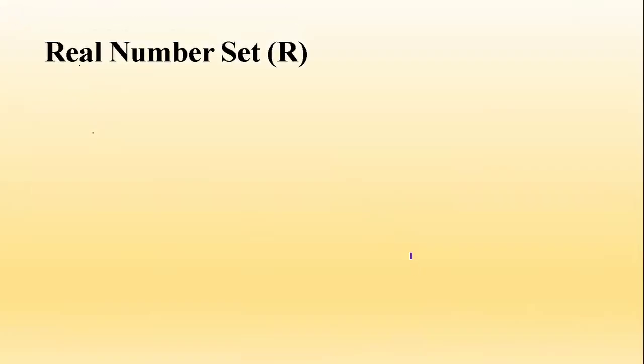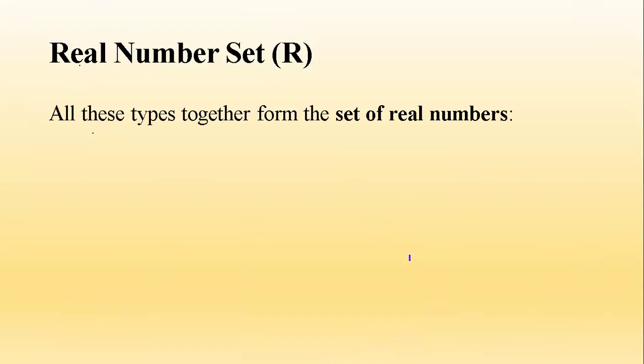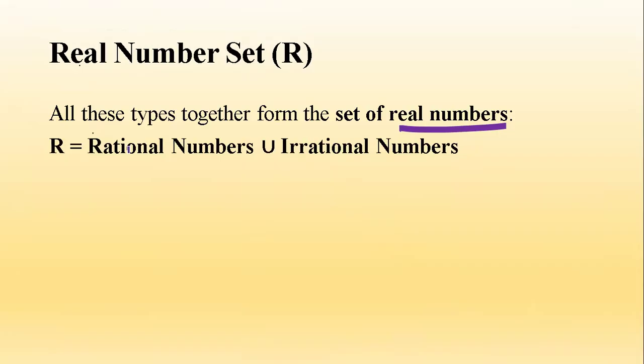Now, the real number set. All the above sets together form real numbers R, or else R is equal to rational numbers union irrational numbers. This is the symbol for union. ಇದನ್ನ ಈ ರೀತಿಯಾಗಿನೂ ಬರಿತೇವೆ.